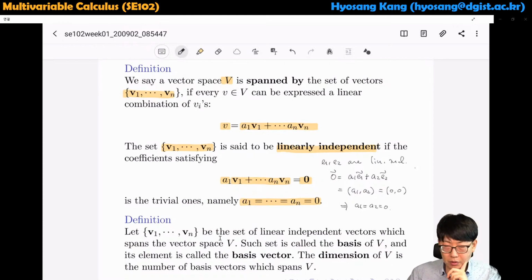Right? So E1, E2 are linearly independent, and they span the two-dimensional plane R2. R2 is spanned by E1 and E2.